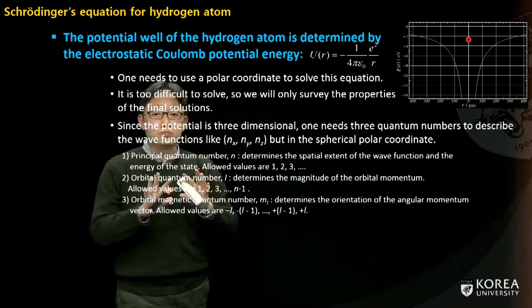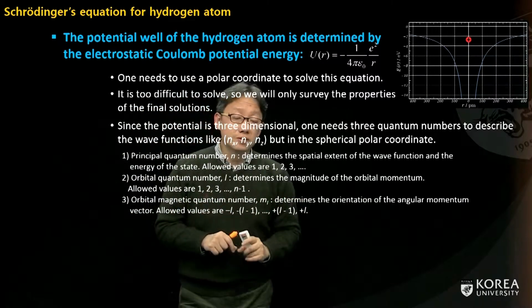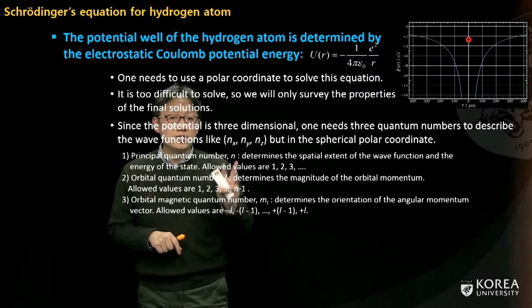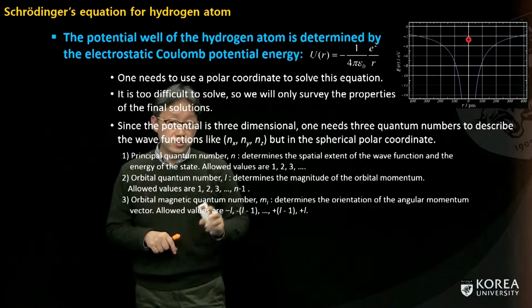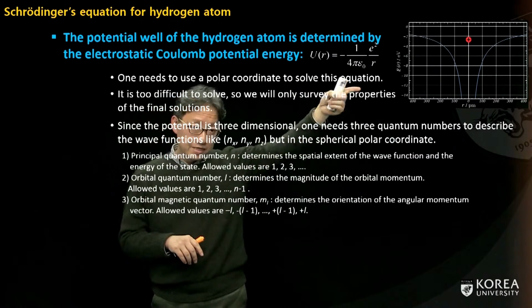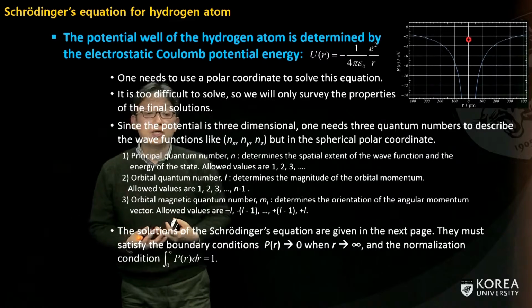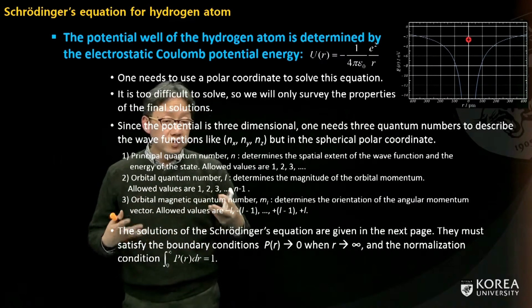But again, please do not try to memorize the names. The names are not important to you. Just try to understand that you need 3 different quantum numbers in 3-dimensional space. And then assume, again, you have this potential energy in the Schrödinger equation. What eventually you have to do is solve it properly.